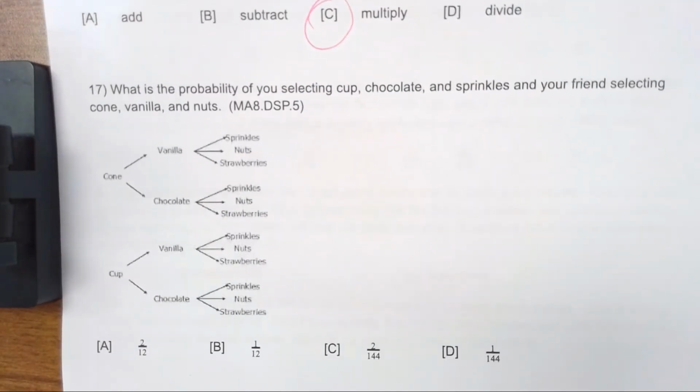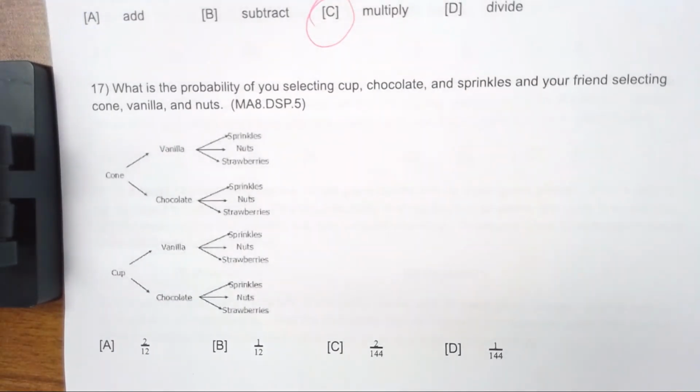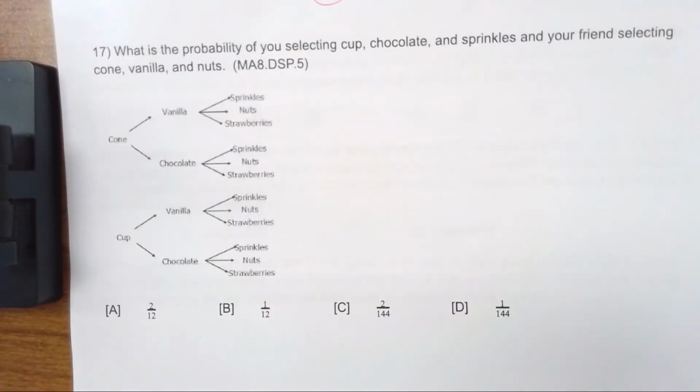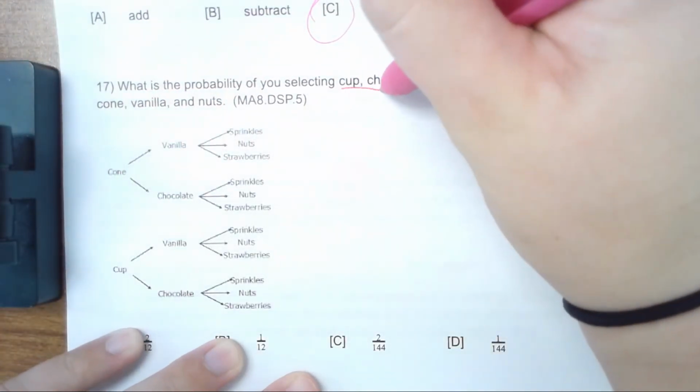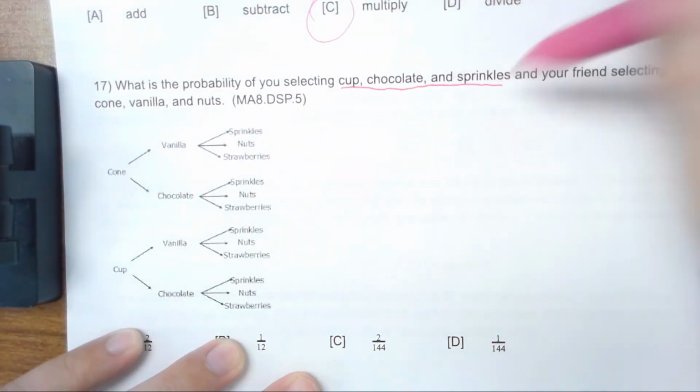Okay, next one. What's the probability of you selecting a cup, chocolate, and sprinkles, and your friend selecting a cone, vanilla, and nuts? First, we need to figure out the probability of selecting a cup, chocolate, and sprinkles.